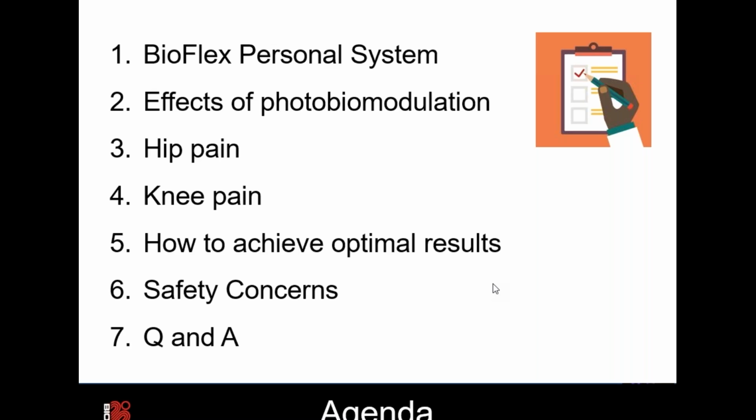And then I'll talk a bit about where to apply the pads and that kind of thing as well. And there's always a few safety concerns that we need to chat about when using the personal system. And then we'll have some time at the end for questions and answers. So if you have any questions, you can type them in as the webinar proceeds, and then I'll get to those questions at the very end, if that's okay.